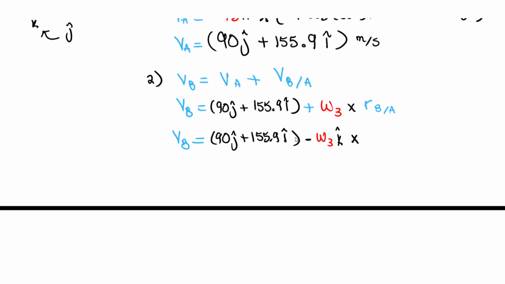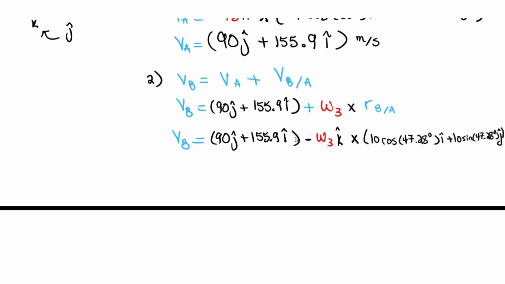So we write that as 10 inches cosine of 47.28 degrees in the I hat, positive. Then we do 10 sine of 47.28 degrees in the J hat. They're both positive.